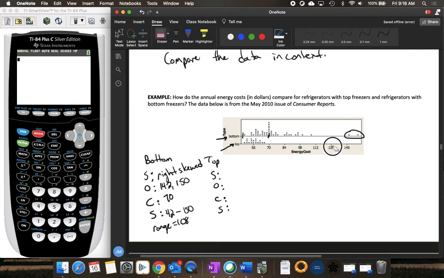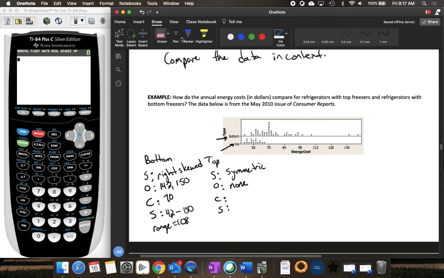All right, now let's go ahead and talk about the top freezers. When we're looking at the top freezers, the shape in this case, you could either say that it was more uniform. I'm just going to say that it's symmetric. Either one of those would probably be okay as a description. For outliers, there aren't any, at least none that I can see where there's a big difference between the two.